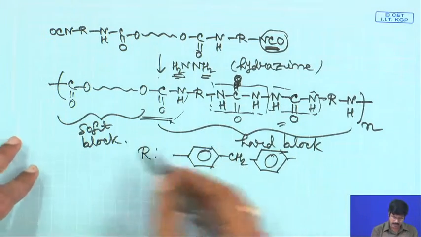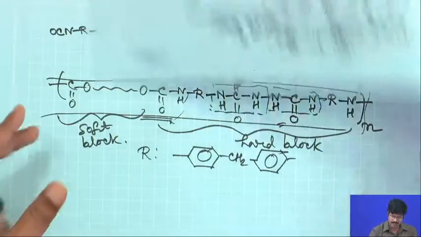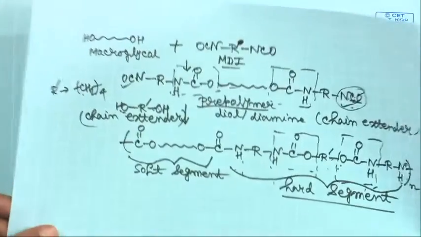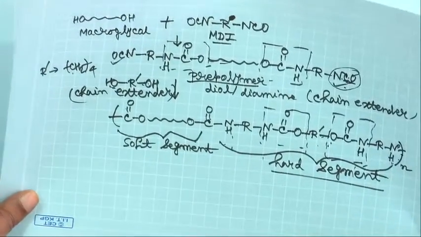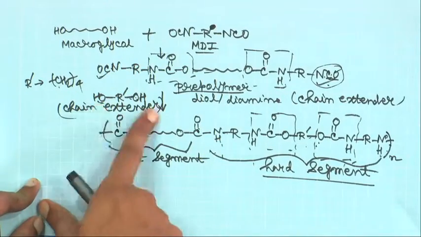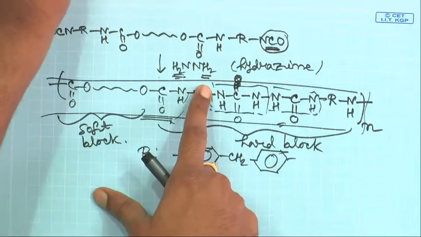Now, the polymers that you have prepared by this process, say you either talk about a polymer which is based on a chain extender using a diol, or you can use a chain extender which is a diamine. In this case, a specific diamine we are using.